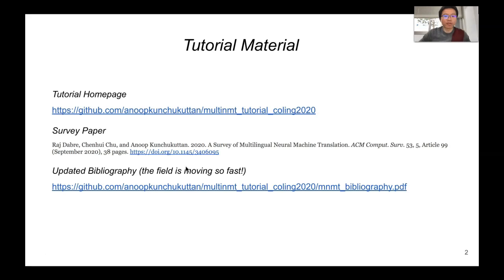Besides that, because the field is very fast moving, we also created an updated bibliography so that you can check the references beyond the ones listed in our survey paper.